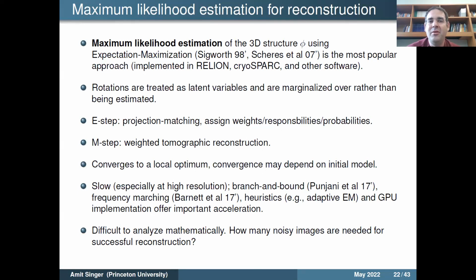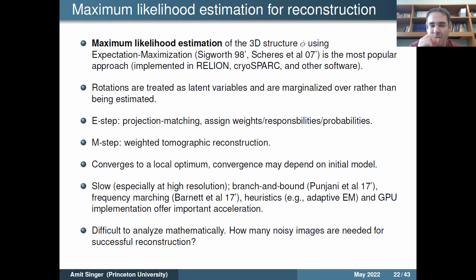For maximum likelihood estimation, they use expectation maximization, EM. It's very confusing, EM and cryo-EM, but hopefully whenever I say EM, you will not be confused about the context. Now EM refers to expectation maximization. In this framework, you treat the rotations as latent variables, which are marginalized over rather than being estimated.